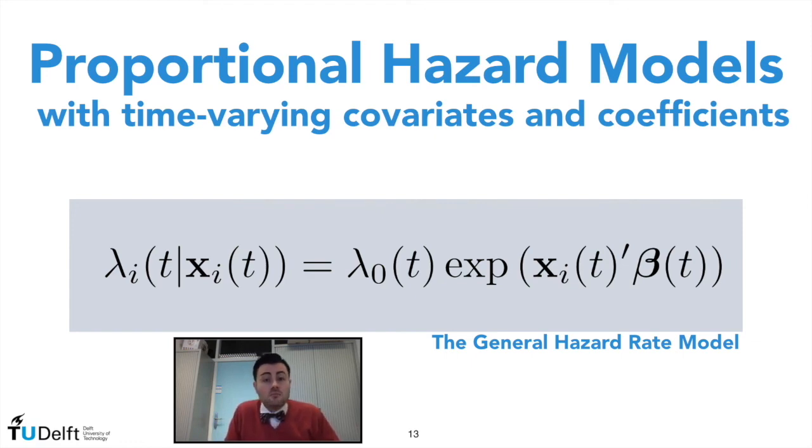Now, this is the situation, for example, when we assume that one of the covariates has an impact on the risk only in a given time window and nothing outside of this window, or when we think that the effect is increasing or decreasing over time. There are many possibilities, as you can imagine. Now, this is actually something quite useful when modeling the loss given default. Can you say why?